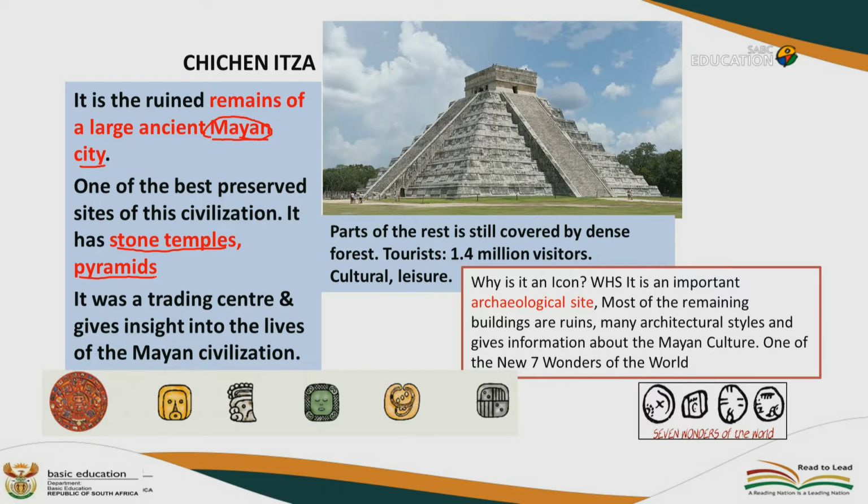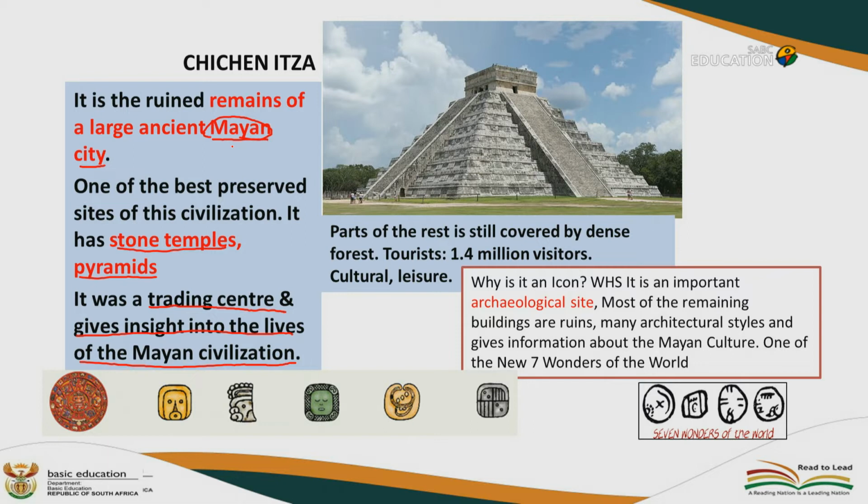Remember, a pyramid is a shape. It was a trading center and gives insight into the lives of the Mayan civilization. You can see how it is attached to these people. It was a trading center.